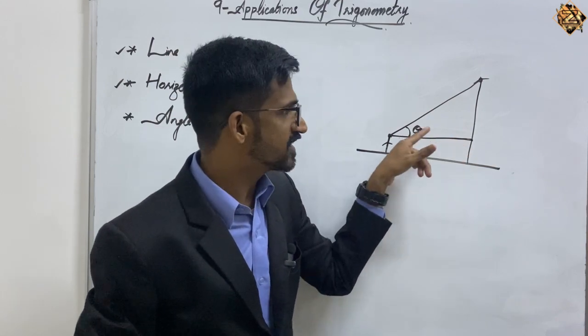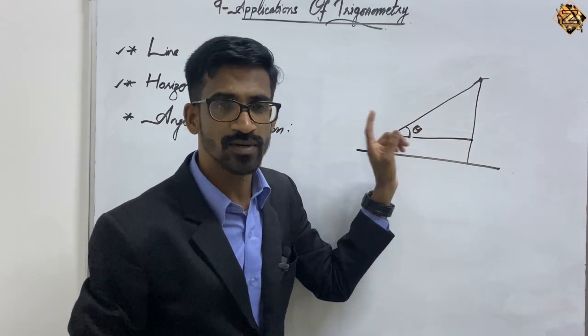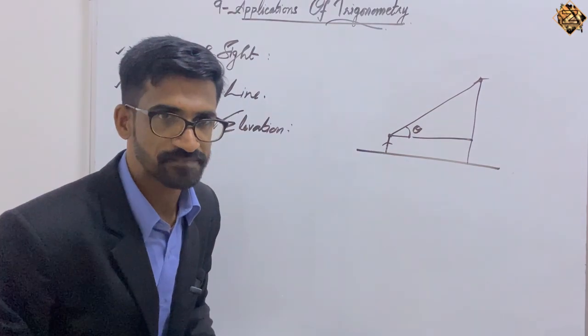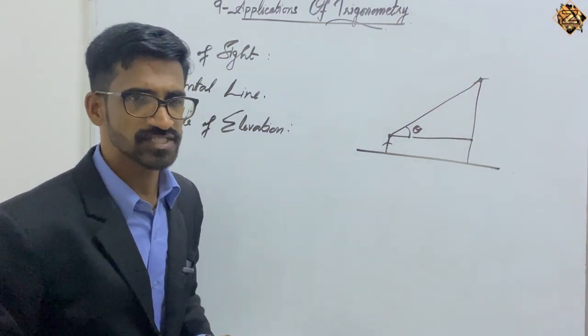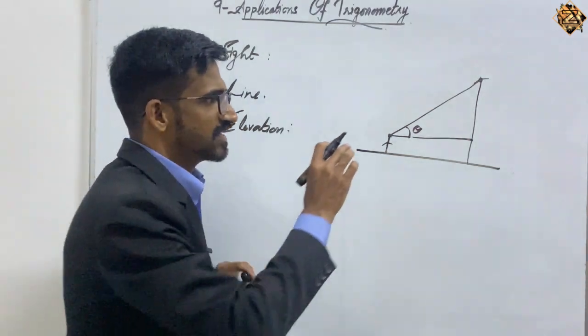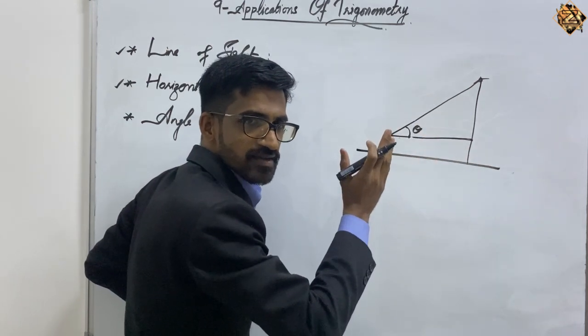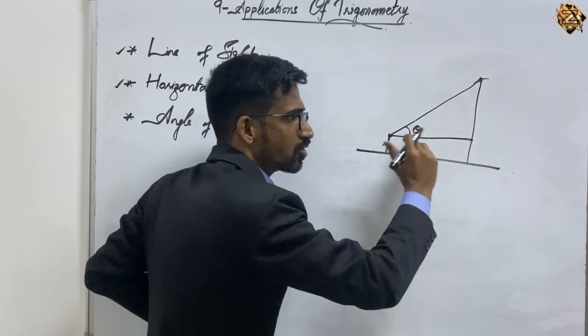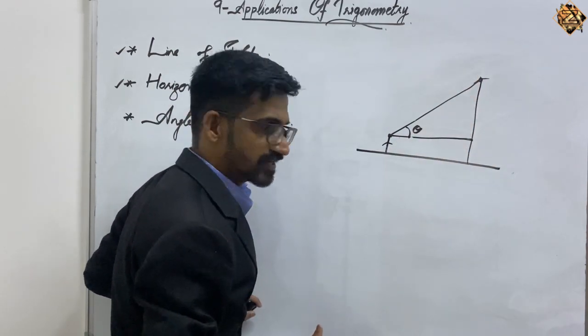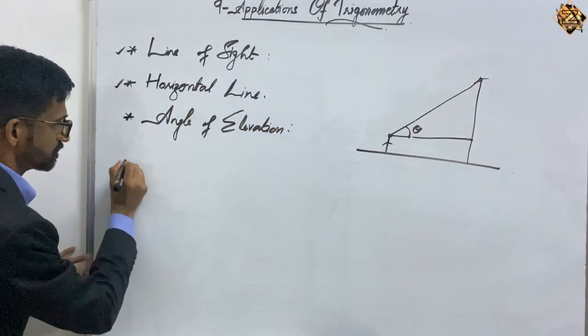If so, we can say that this angle formed is called angle of elevation. Okay, it's a very important term. Angle of elevation means what? The angle between line of sight and horizontal line if the object is above the horizontal line. Okay, now angle of depression.